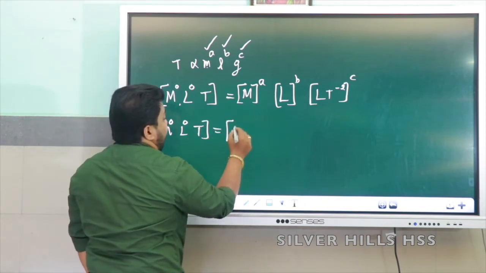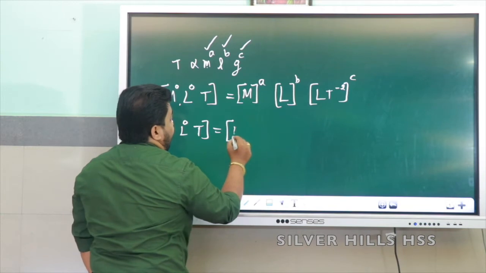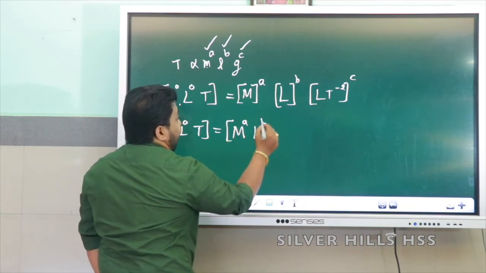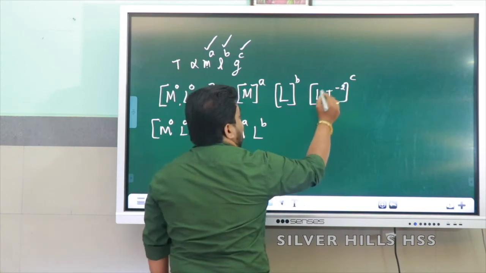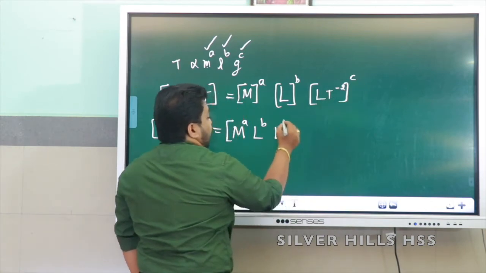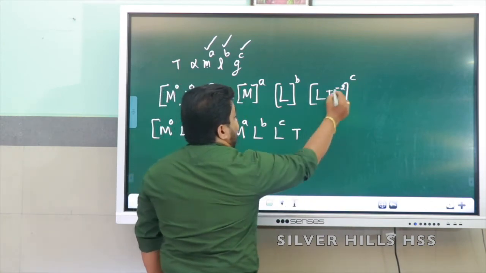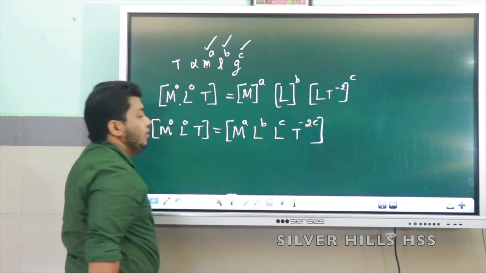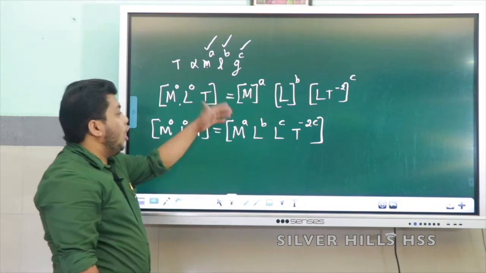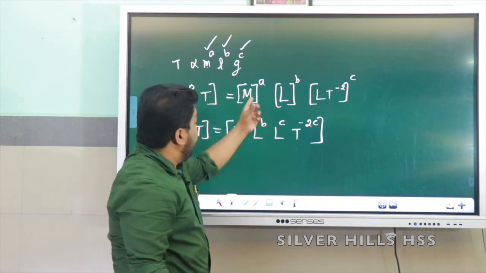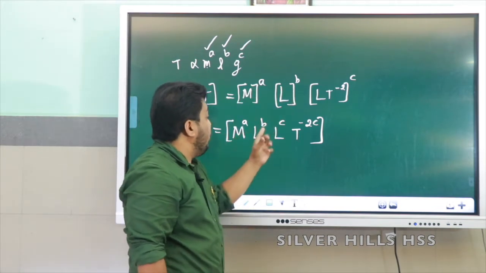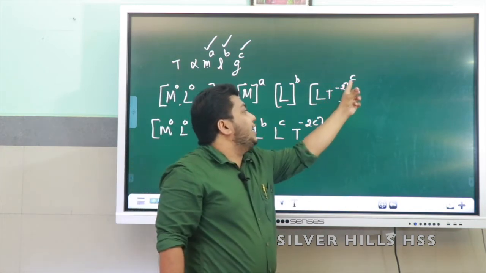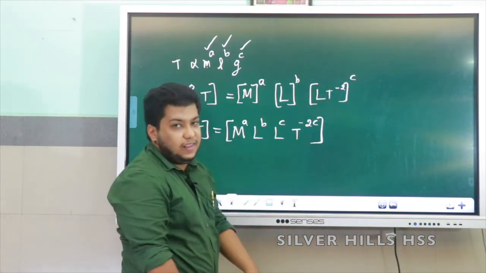On the right side we are opening the bracket: M raised to a, L raised to b, then we can open the bracket L raised to c and T raised to minus 2 into c, that is minus 2c. So now we have opened the bracket: M raised to a, L raised to b, L raised to c, T raised to minus 2c.